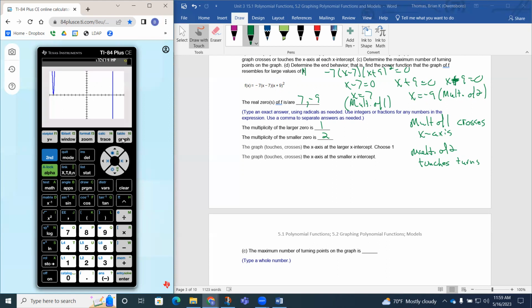If I graph this, notice I don't see a whole lot of graph. I really need to change my viewing window a little bit. So I'm going to change my y scale a little bit. Let's change this to a -100 and the y max to 100. And let's just go by 10s and see if that helps us any with the viewing window.